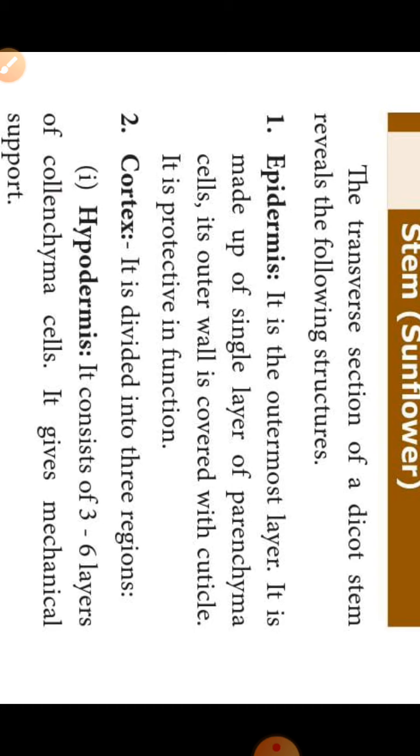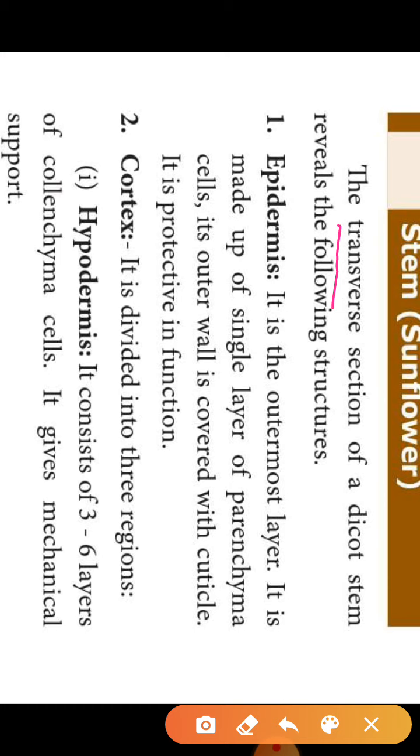The transverse or oblique section of dicot stem reveals or shows the following three structures.